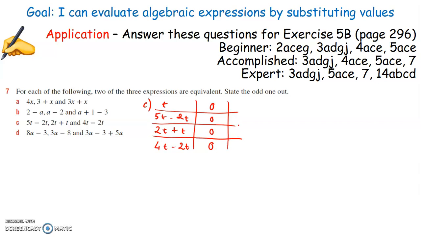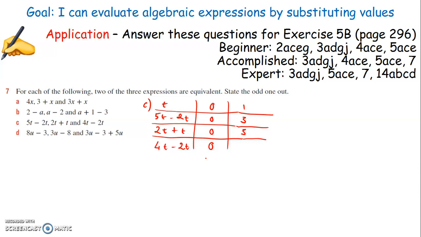Okay, so here what you can see is that we need to test out a few more values for t. So let's try 1, because 1 is the next easy number to work with. So 5 times 1 is 5, minus 2 times 1, 2 times 1 is 2. 5 minus 2 is 3. 2 times 1 is 2, plus 1 is 3.